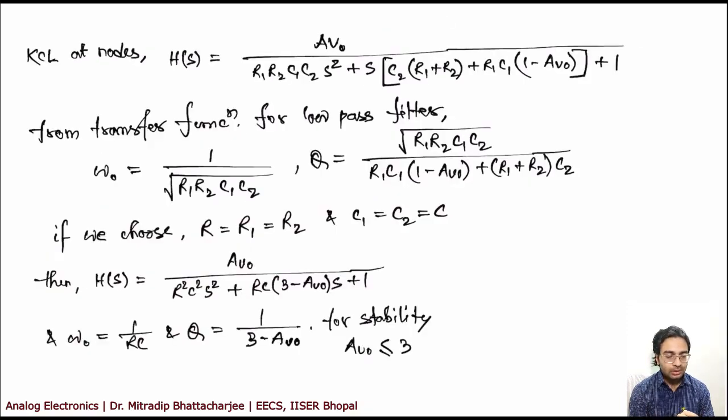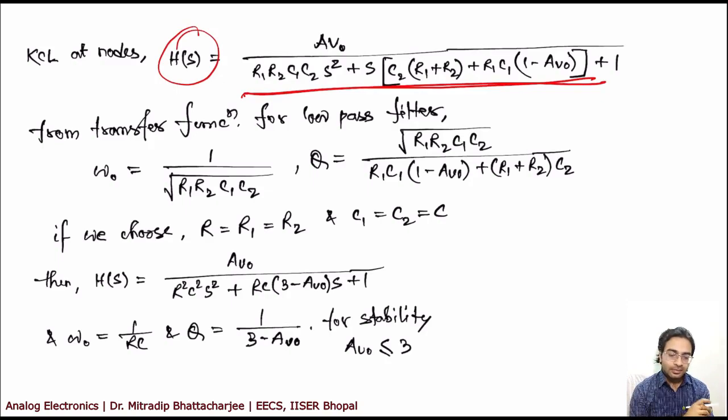Now if you apply KCL at the nodes, just like in the other generalized case, you can easily find that your transfer function is something like this: S square, S and 1. So it is a biquadratic equation.